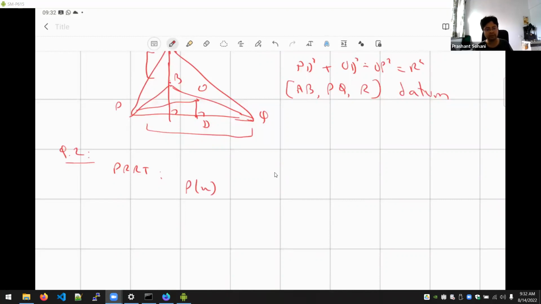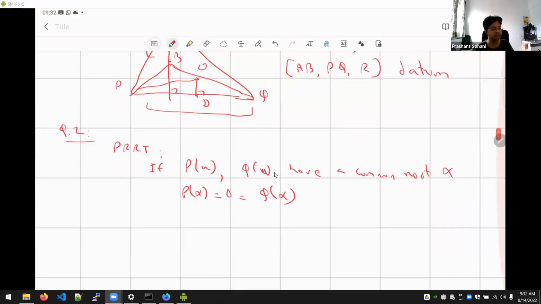So the other approach, which I would say is more scalable, is the fact that if two polynomials have a common root, let's say alpha, which means that P of alpha is 0 and Q of alpha is also 0, then any combination of P and Q, the Px and Qx polynomials, will also have the same root, right?